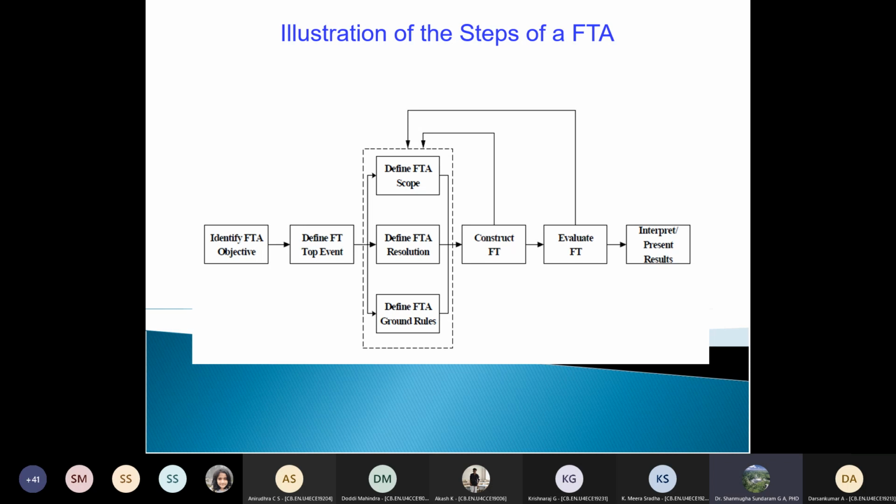When there is a clear set of events which constitute the primary or basic events, you have the possibility to announce the outcome of the fault tree, which is to present the results and give an interpretation on the overall analysis process. So that's the complete set of steps that are illustrated as part of the fault tree analysis.